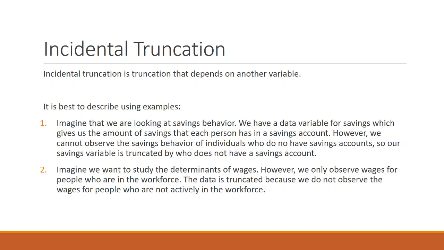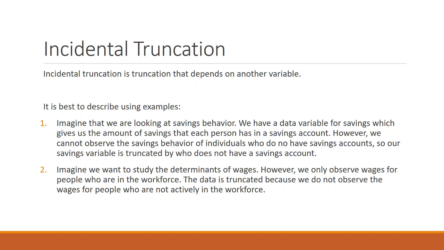Now, they might have savings in some other way. For example, they might keep money at home under their mattress. But we don't observe that because we only are looking at the amount of money that they have in their savings account. And so what we have here is that the amount of money that an individual has saved is missing. That means we're missing it from the data set if they do not have a savings account.